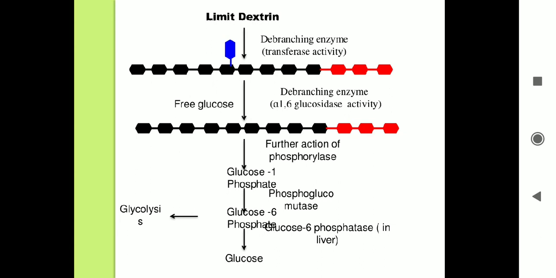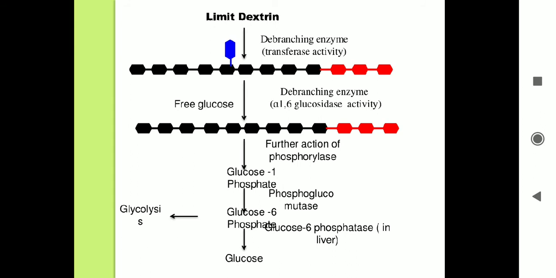Then this limit dextrin has debranching enzyme activity, a transferase enzyme, which we call bifunctional because it debranches and it transfers. It transfers the position, right? So the debranching enzyme activity forms a free glucose molecule.